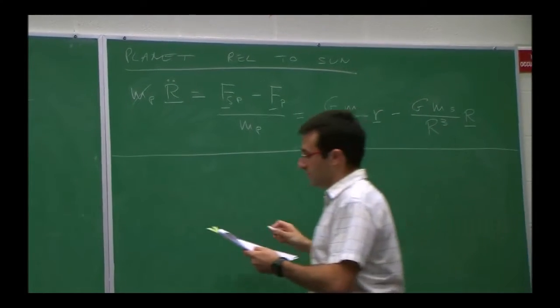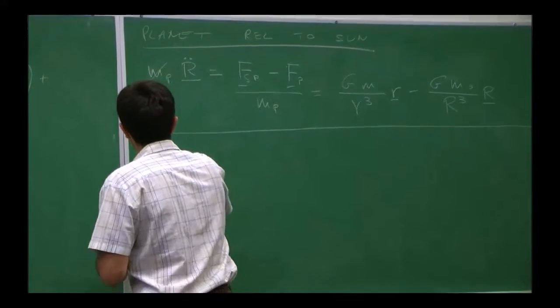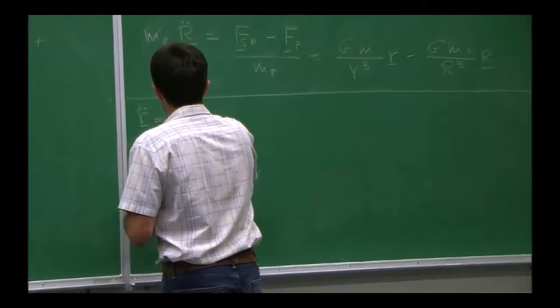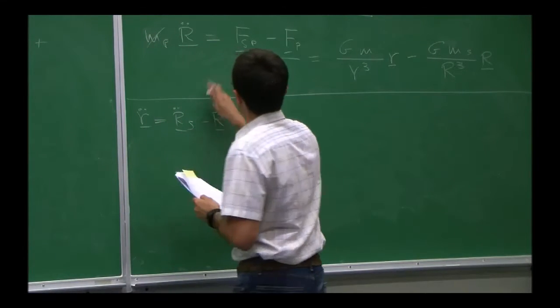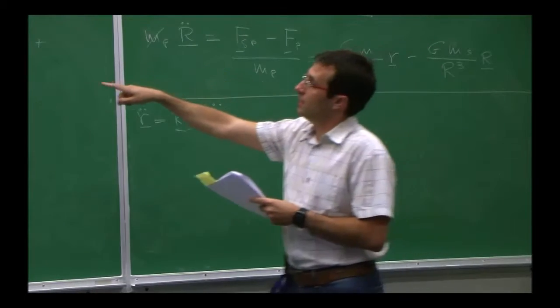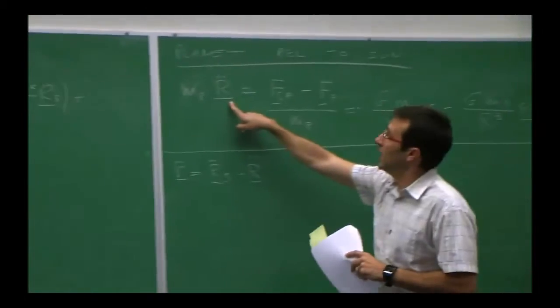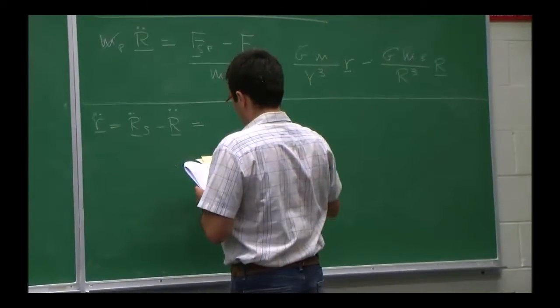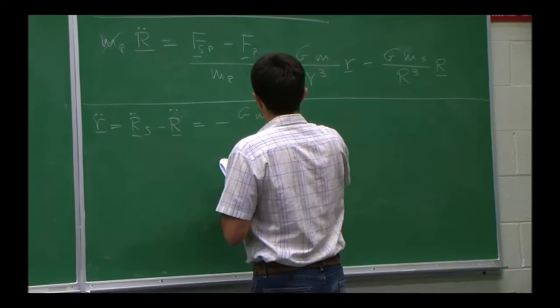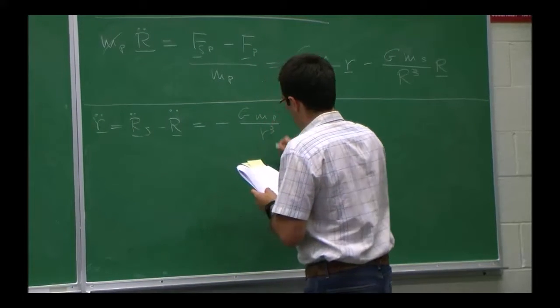Now finally I can look at this one. The little r double dot, which is rs double dot minus r double dot, and I have an equation for both, right? This is the equation that gives me rs double dot, and this is the equation that gives me r double dot. It is going to look like this, minus G mp over r cubed.